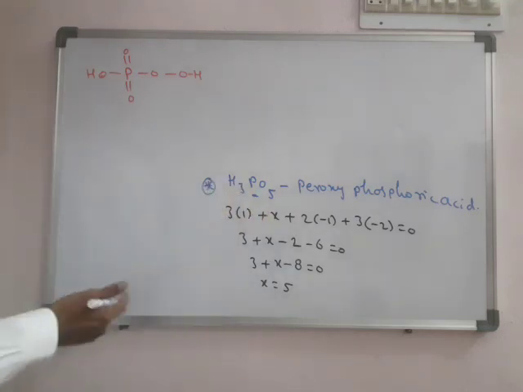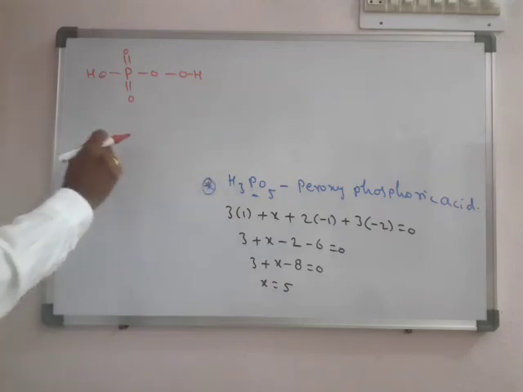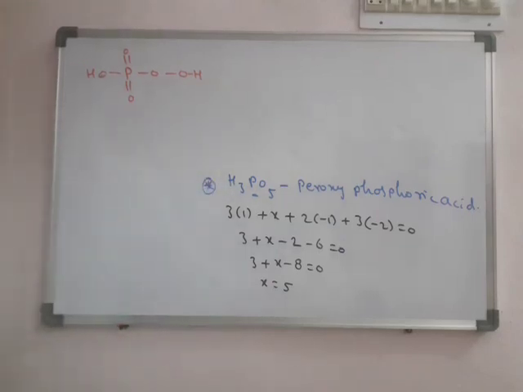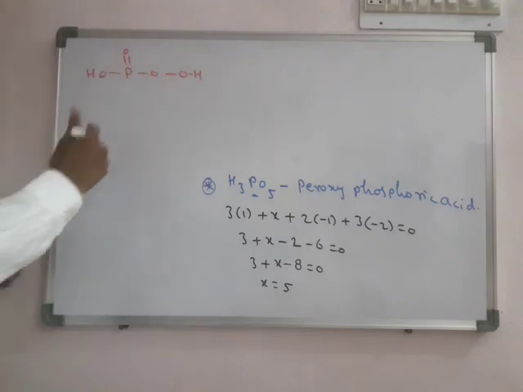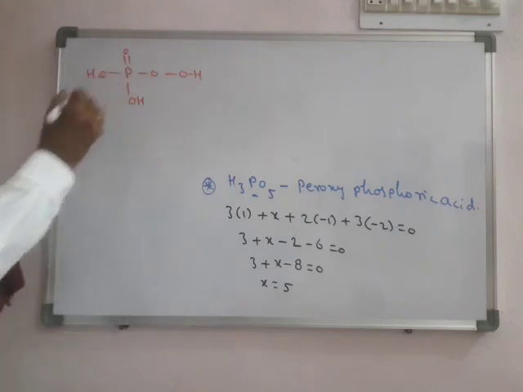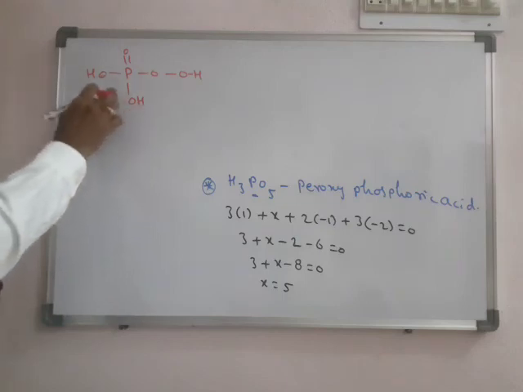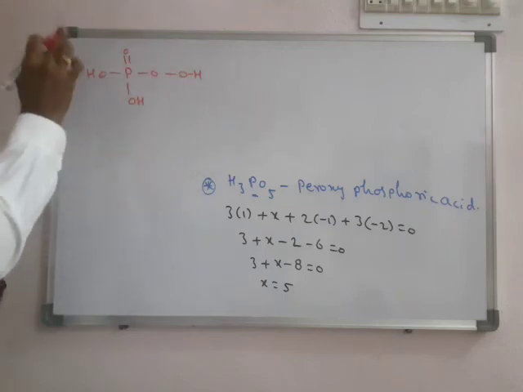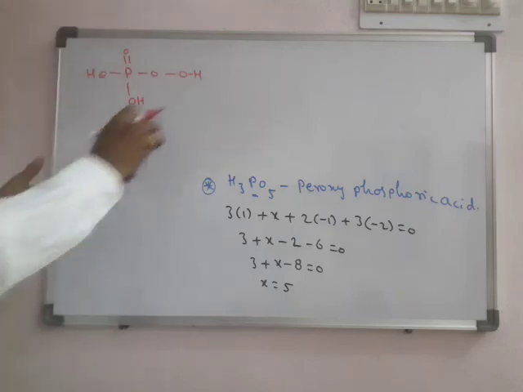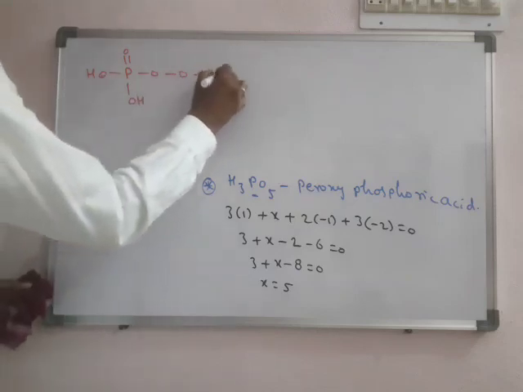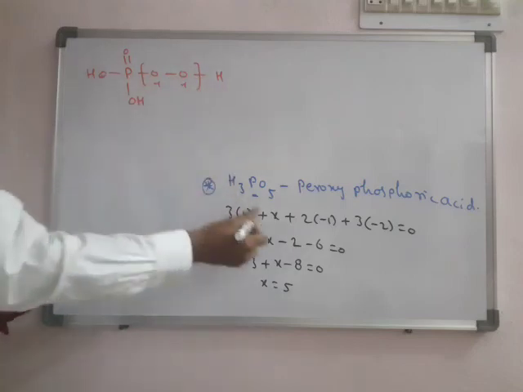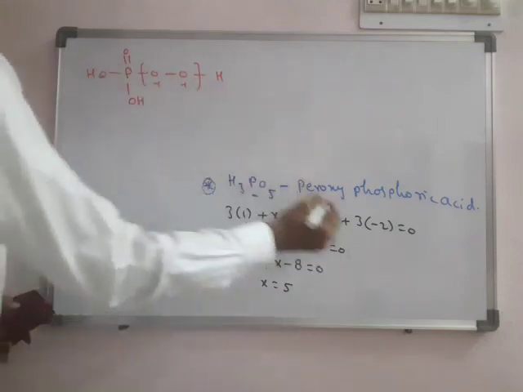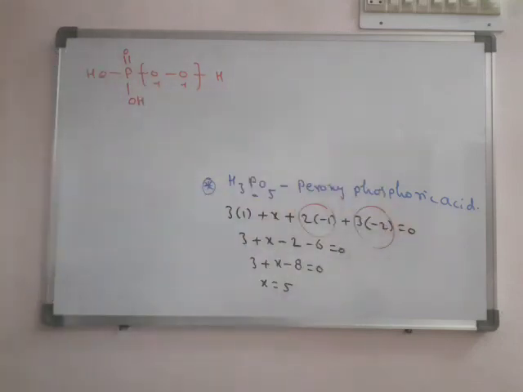Here H3PO5, okay, H3 are there, whereas there we have only 2 hydrogens. Like H3PO5, 1, 2, 3, 4, 5 oxygens, 3 hydrogens. So here it is the peroxy bond. These 2 are having minus 1 numbers. So the remaining 3 are having minus 2 numbers. Okay. So next.